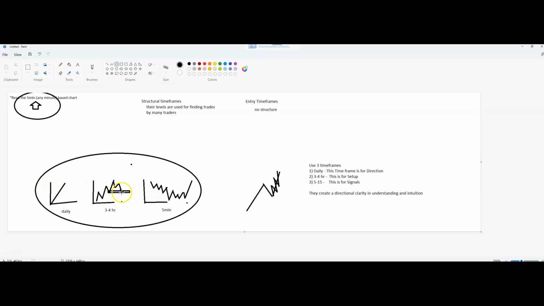Like, maybe I'll give some examples. Anyway, maybe I'll do that later. I don't want to do it now. All right, but this is the idea. All right, this is how you see the market.